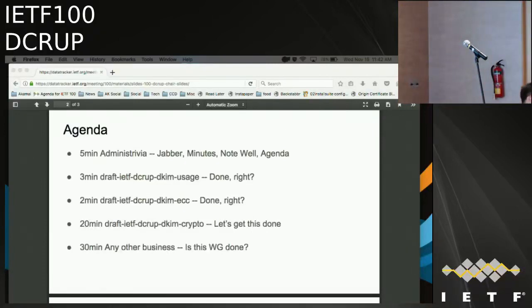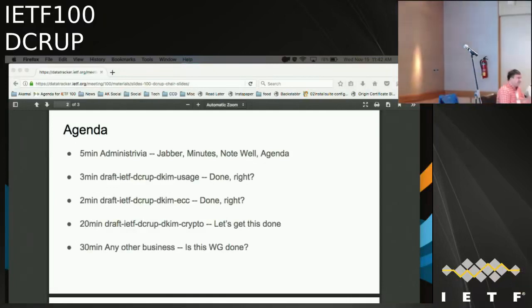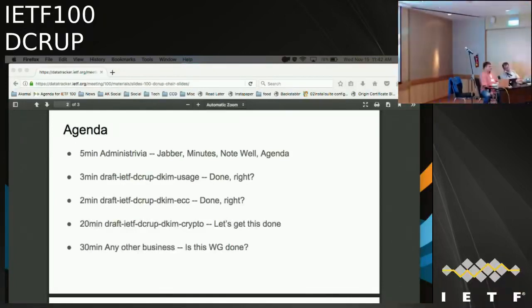Does anyone have or imagine any new business that the working group should take up? I'm in the middle of marking the crypto document as dead.